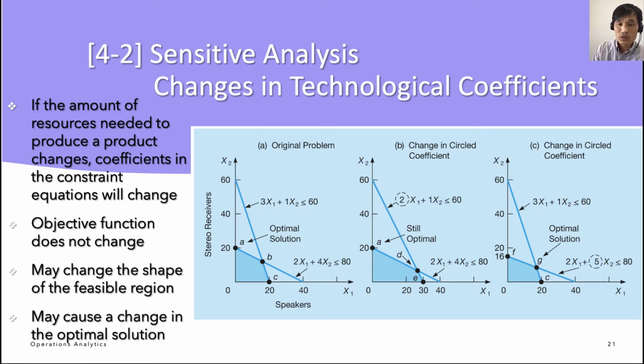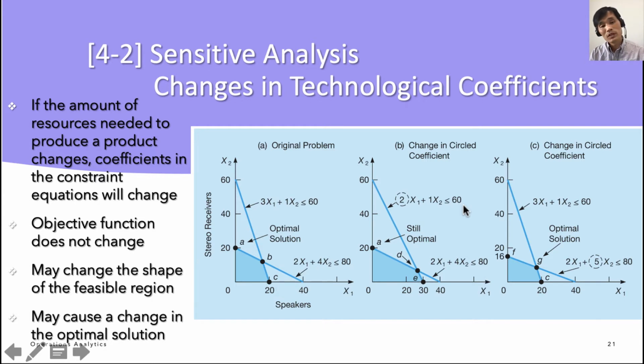You should be able to prove to yourself that point A remains optimal in figure B, despite a constraint change from 3x1 plus 1x2 to 2x1 plus 1x2. So this technician's constraint is now 2x1 plus 1x2 less than or equal to 60.